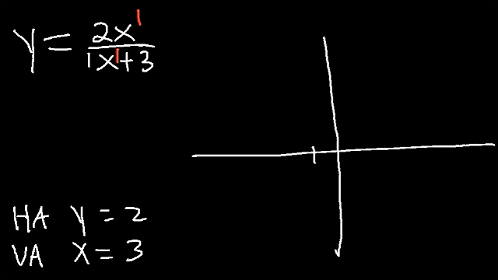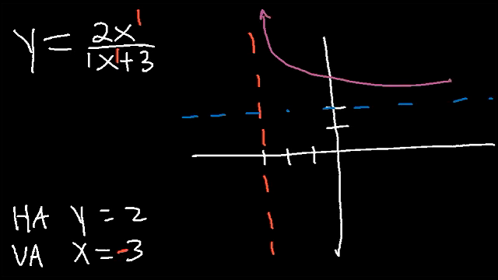So we have a vertical asymptote at negative 3. This should be negative. I don't know why I have positive 3. And there's a horizontal asymptote at positive 2. So on the right side, the graph may look like this, or it may look like this.